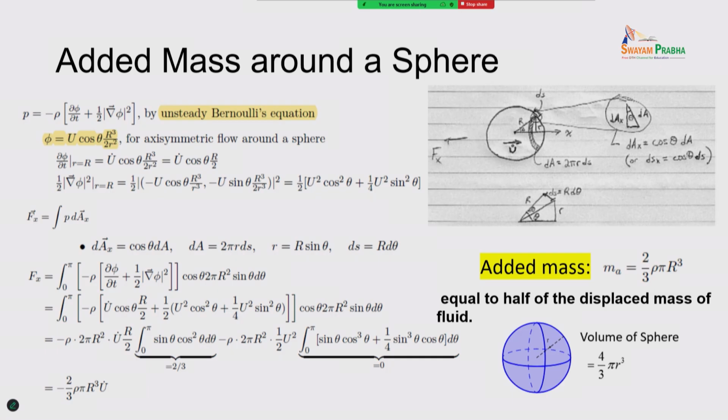In the cylinder, it is exactly the water volume, the same volume as the moving cylinder. Here it is half of the displaced mass of the fluid. You have a ball of this size, you put it in the water, you have an acceleration motion. So the added mass effect is half of the water displaced by the ball. This also gives you a sense that the shape matters.